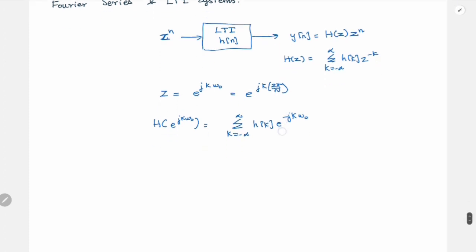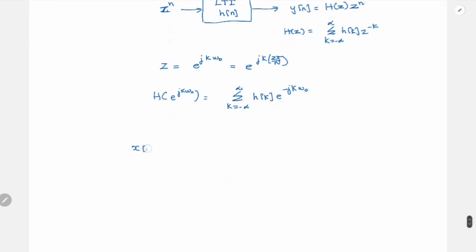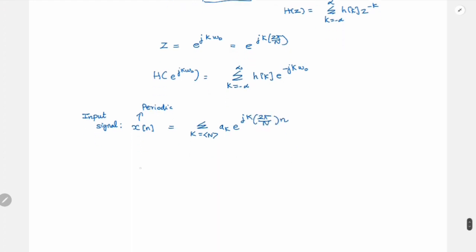Okay. Now I can write any signal x of n, let's say this is the input signal, and it is periodic. Then I have the Fourier series representation: summation k over N a_k e power j k 2 pi over N times n. So this is my Fourier series representation. And if I pass this x of n through my LTI system with impulse response h of n, then I should get some output.